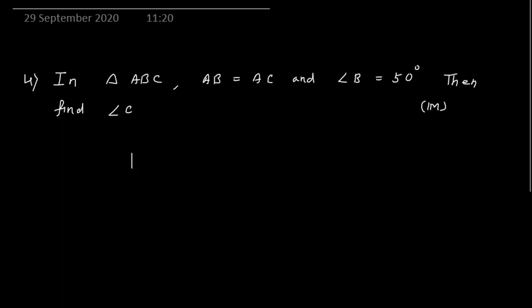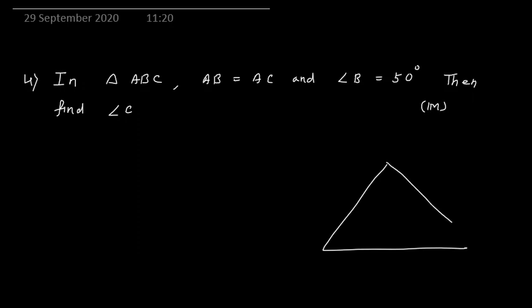In triangle ABC, AB is equal to AC. So again I will draw one triangle ABC. You can write whatever is given. ABC, and AB this side is equal to AC this side, and angle B is 50 degrees.